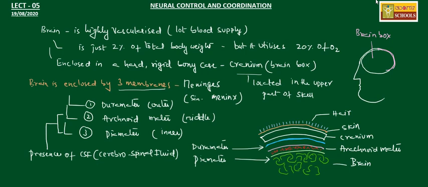This is alkaline in nature. CSF is alkaline, and it is produced by the choroid plexus, and this will even fill the cavities, that is ventricles, in the brain.